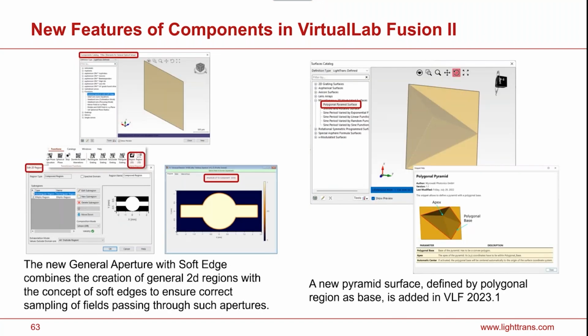Then there's one technique which is very important in physical optics. We don't talk too much about it, but it's in fact essential. If you have apertures in physical optics, you need to sample them. You need to sample a threshold function, a Heaviside function, but it cannot be sampled because it's an abrupt jump.